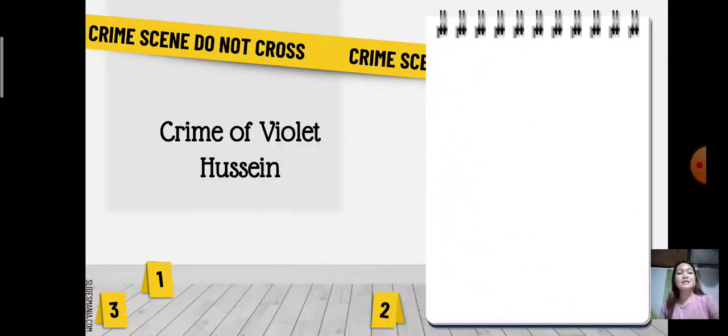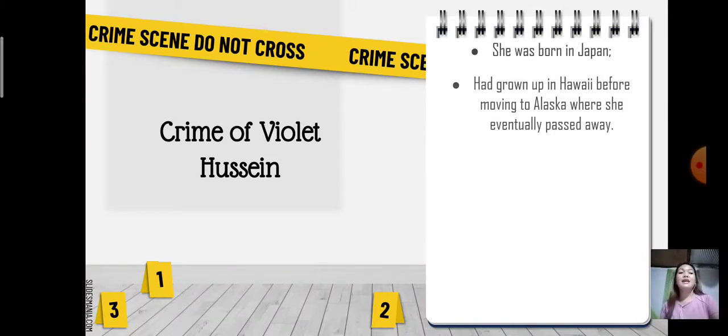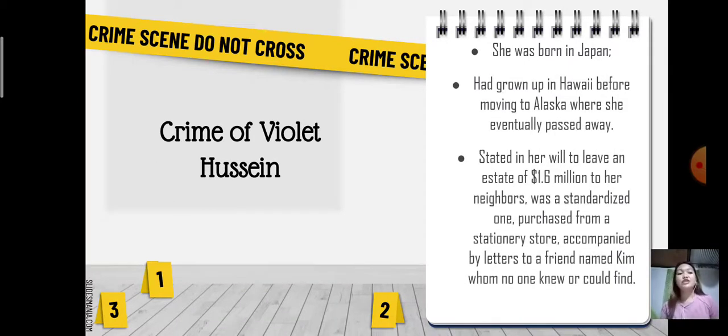So this is an example of authorship investigation in the case of Violet Hussein. Violet Hussein was born in Japan, and then she later grew up in Hawaii and then moved to Alaska, where she eventually passed away.